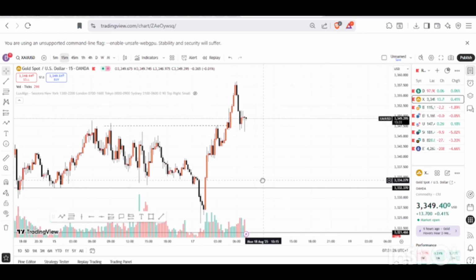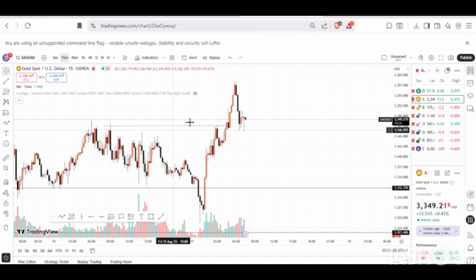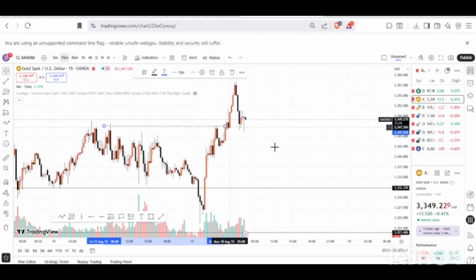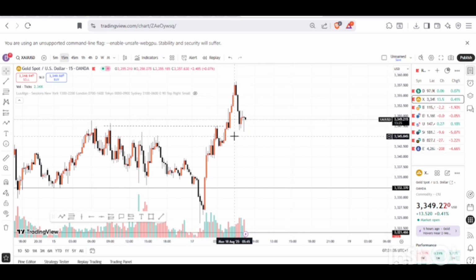And what's the next thing? There are two entries I'm currently looking at here. Since we have a break of structure here, this is likely an inducement liquidity. So we're on the 15 minutes time frame. This is an inducement liquidity.